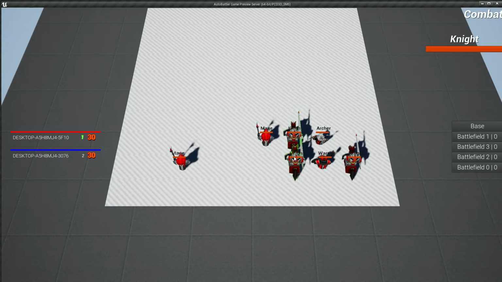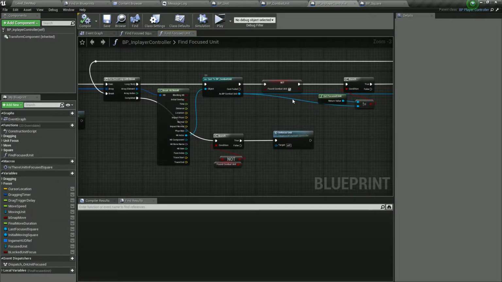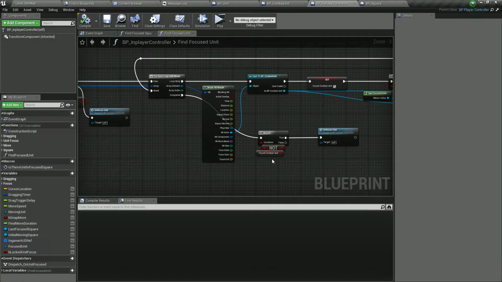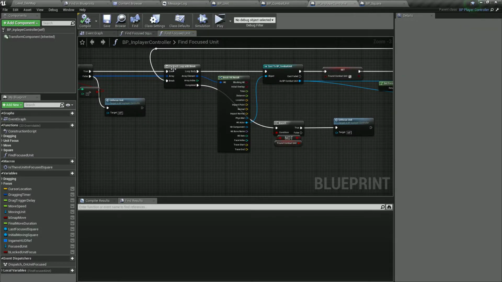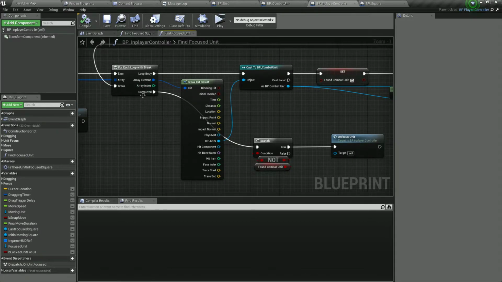Okay, so why is it doing this? It should just be grabbing the first one it finds. But we are breaking the loop. So let's see, we arrived there with at least four members, two knights, two units, and two squares.